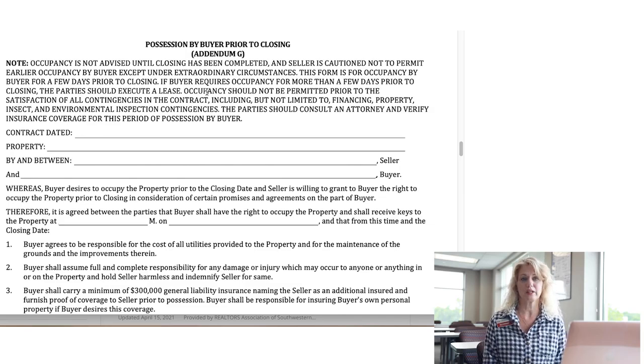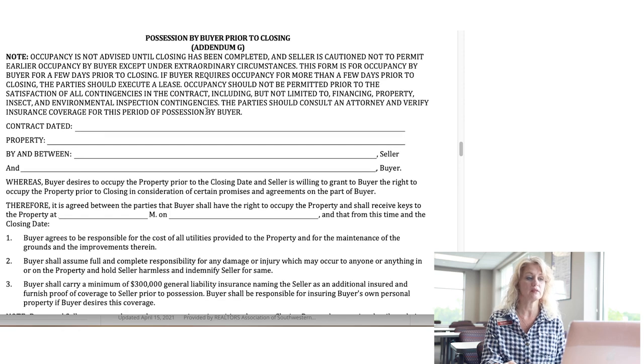Definitely want to direct your clients to seek legal counsel. Most attorneys would frown upon it, but there are instances and emergencies where sometimes this is the only way to work it out. So we do have this form available. You always want to preface the use of this form with this note and with the warnings about the fact that it's risky.